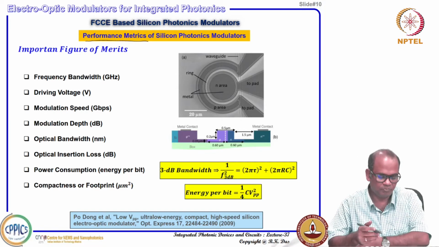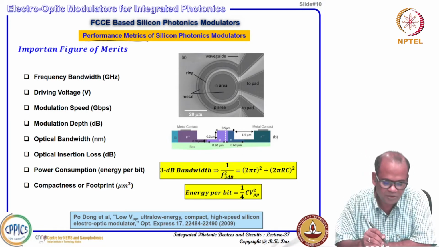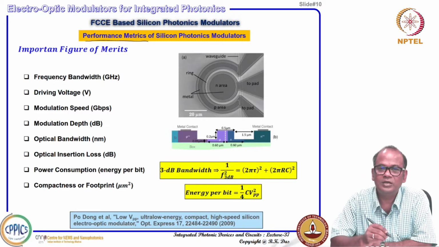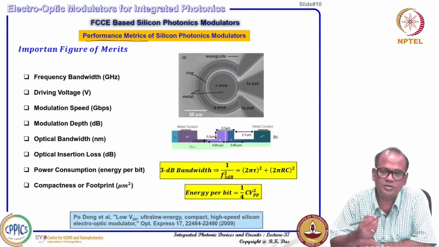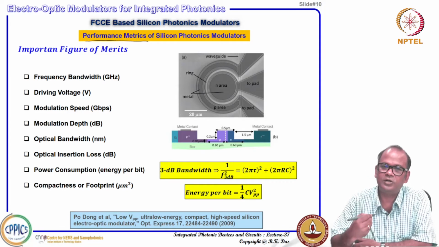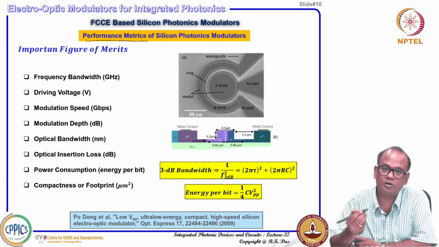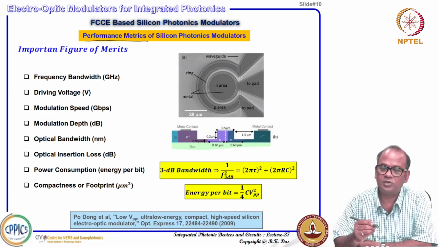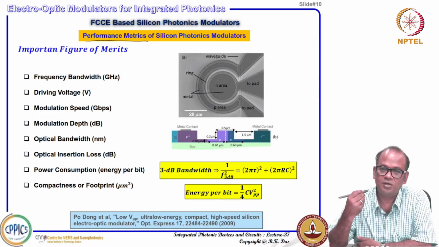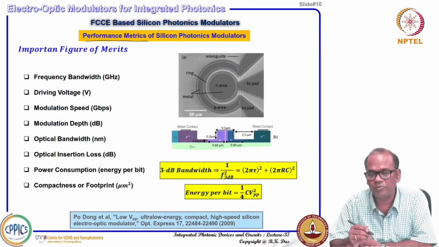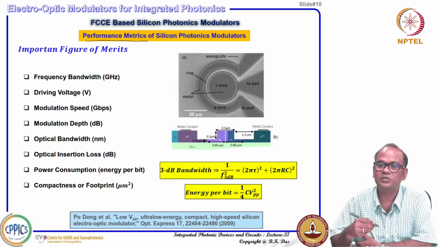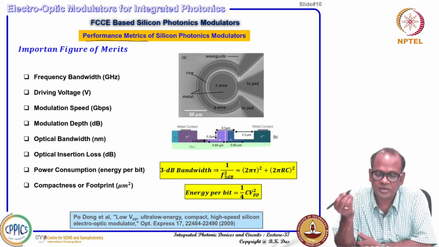I have listed a few parameters here that you must consider whenever you are designing a modulator, whether it is micro ring resonator based or Mach-Zehnder interferometer based, whether the phase modulator is based on accumulation type carrier concentration, injection type carrier modulation, or depletion type.